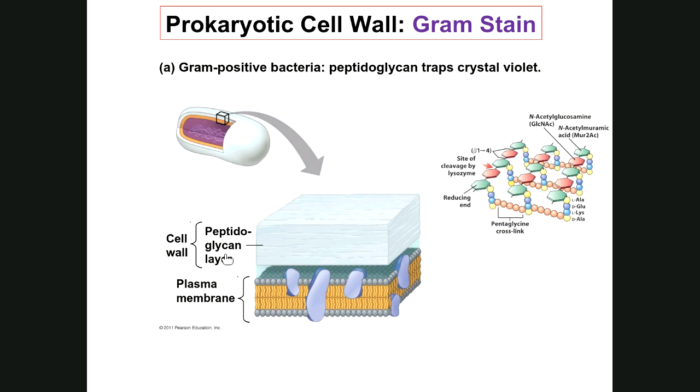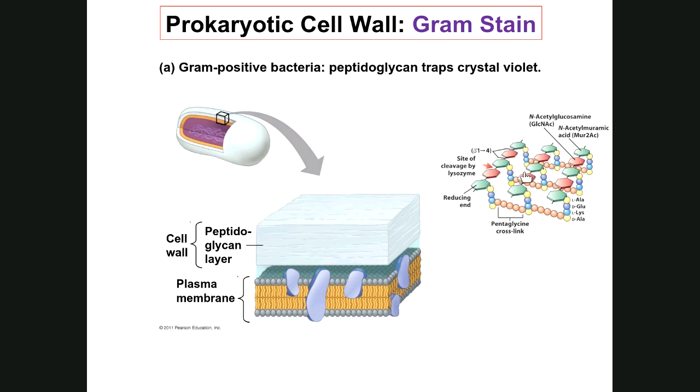You don't find LPS. So look at this figure here, and they're taking a piece of outer barrier. This mustard color here represents the plasma membrane, that phospholipid bilayer with embedded proteins. On top of it, this whitish color here represents the cell wall. And they're telling you for a gram-positive bacteria, its cell wall is just made up of peptidoglycans.